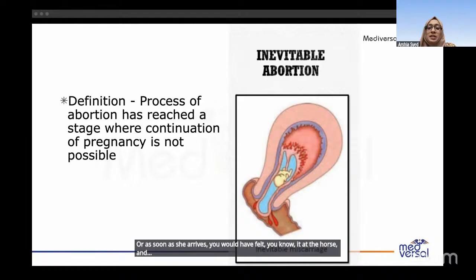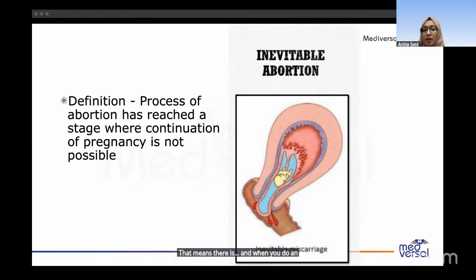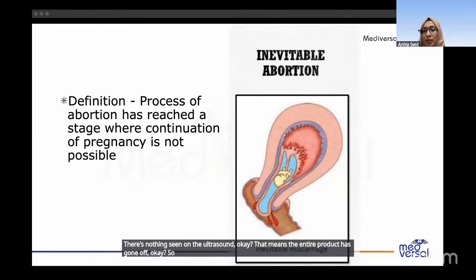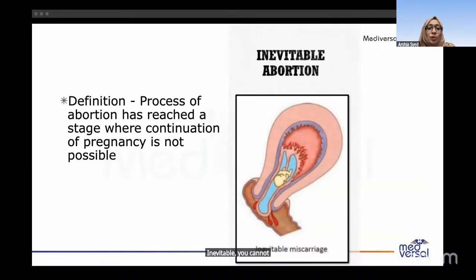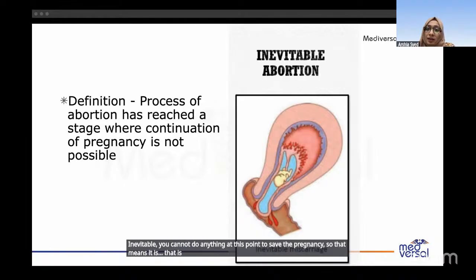And when you do an ultrasound, there's nothing seen on the ultrasound, that means the entire product has gone off. So that sort of an abortion is inevitable. You cannot do anything at this point to save the pregnancy. That is the meaning of the word inevitable. You cannot do anything to stop such a condition.